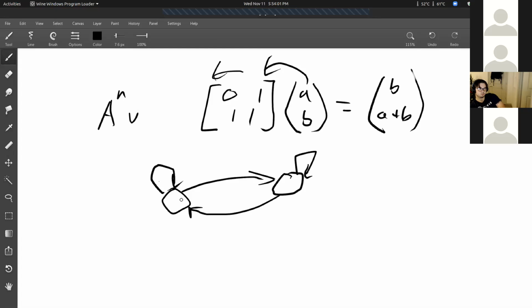What you can do here is give a probability to each of these edges. Let's say I have a 0.9 probability and a 0.1 probability. And over here, from this node, I have a 0.5 probability of going back to itself and a 0.5 probability of going to the other one. And notice the probabilities going out of a single node add to 1. So this is what's known as a Markov chain, if you've ever heard of those.